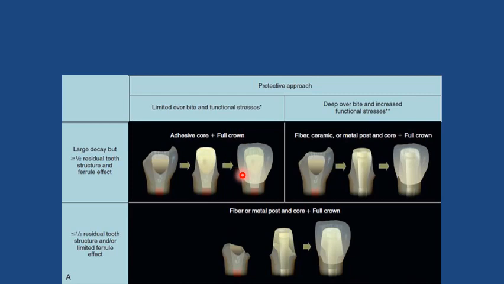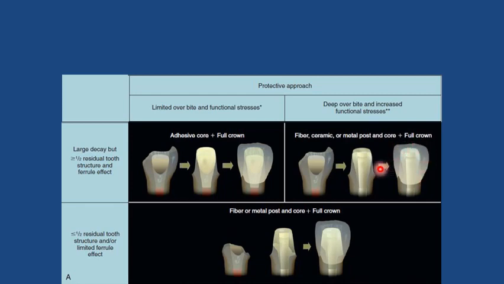This is in case when we have limited functional stress or limited overbite. But if we have deep overbite or increased functional stress, we have to restore the tooth with a post inside the canal, extended inside the canal, in addition to a core, which followed by full crown.